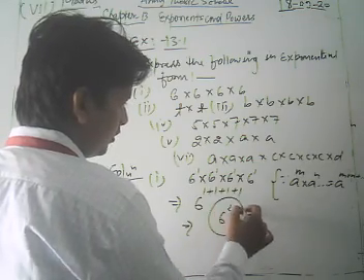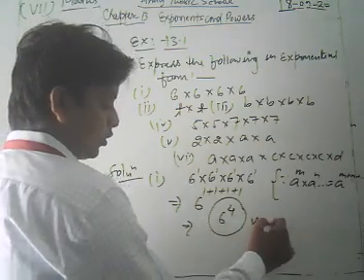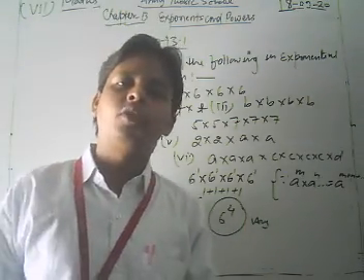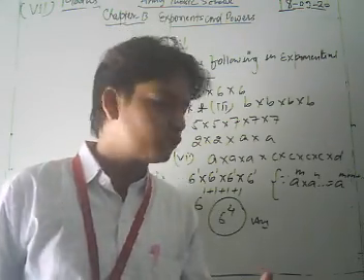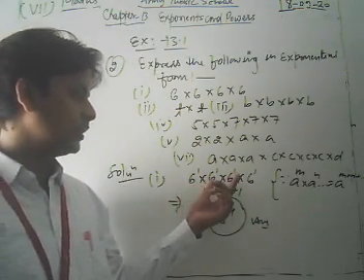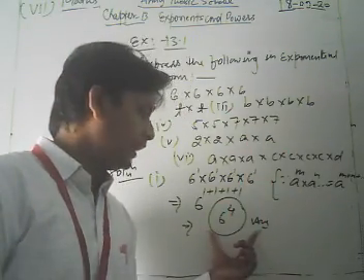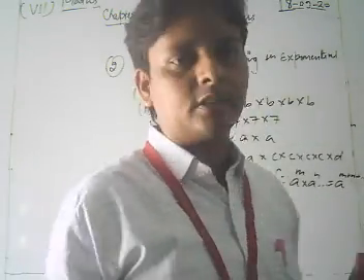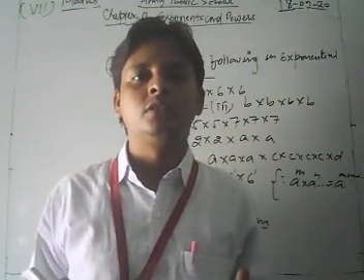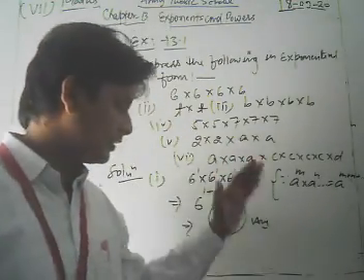This is in exponent form, and this is our final answer. So if any number is written in the form of x to the power y, it is said to be in exponent form. In this way you can convert each and every question of this part, applying the same method.